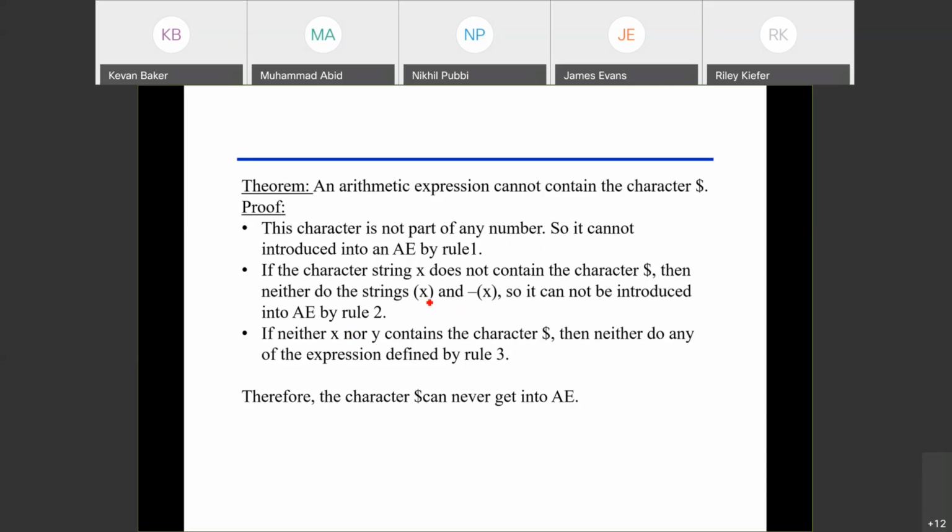And if it is not there, then x or y are not there, so it will not be part of rule 3 also. So this shows that the theorem, that an arithmetic expression cannot contain the dollar sign, is good. So we prove this. Okay. Just by investigating the summation and all the rules, is it possible that you can at any stage get a dollar sign there? If it is not, so it is not.